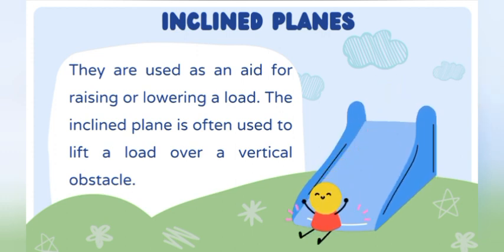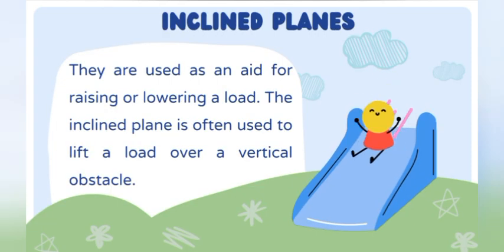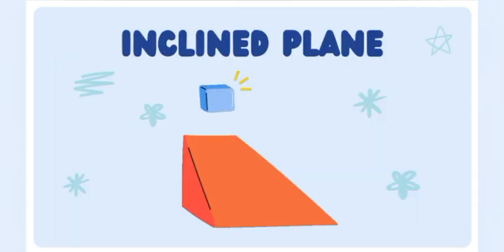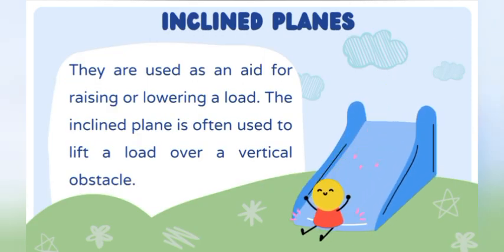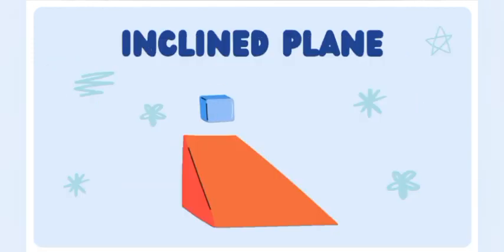The inclined plane is flat ordinarily, but now it has to be tilted at an angle. So the tilting actually reduces the friction. The opposition to the movement of the load is being reduced because it has been tilted. All right. So your inclined plane helps you in lifting that load over a vertical obstacle.